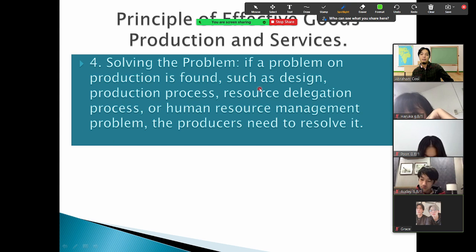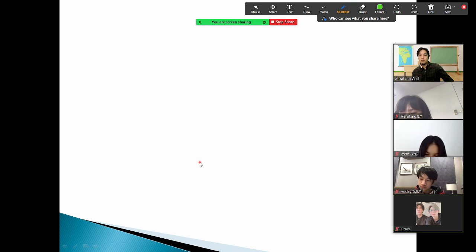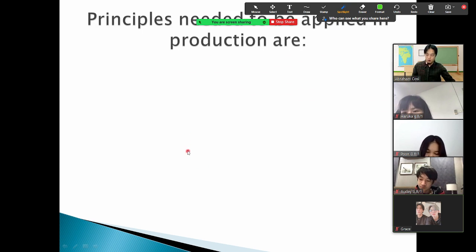When you have a problem from, let's say, your laborers, they can go to human resource management, and then they can fix it from there. So those are the principles of effective goods production and services.